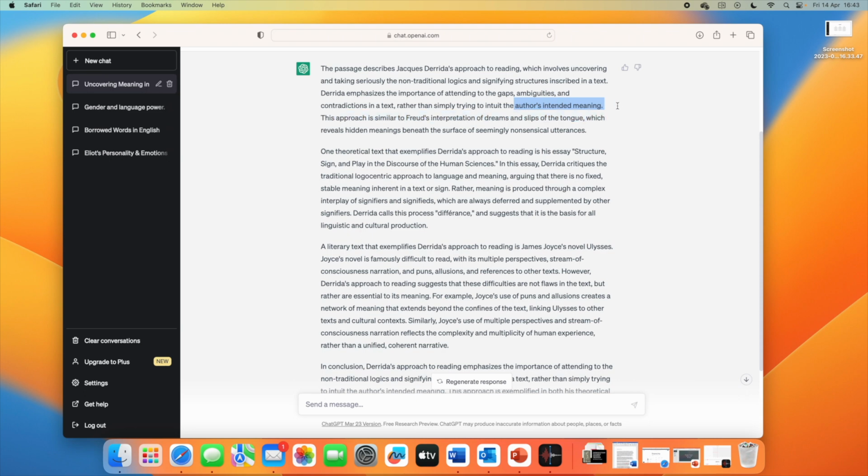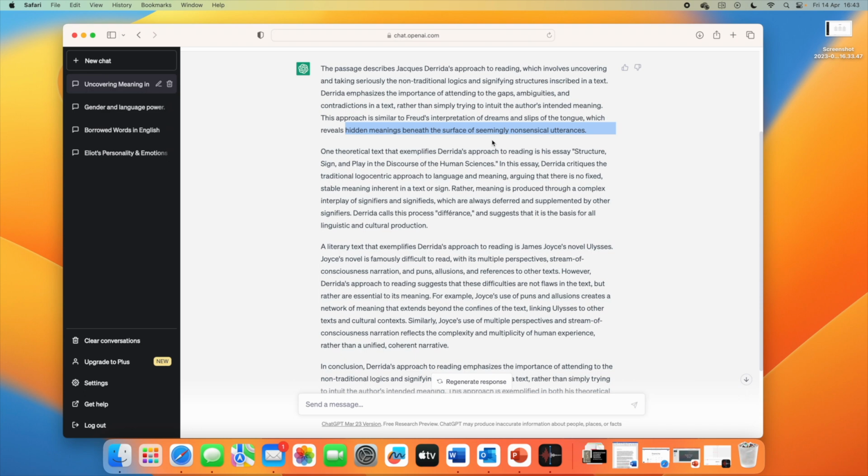Okay, so here we go. We're actually talking about intention. Derrida's approach to reading is not specifically about uncovering the author's meaning. This is similar to Freud's interpretation of dreams, which reveals hidden meanings behind the surface of seemingly nonsensical utterances.